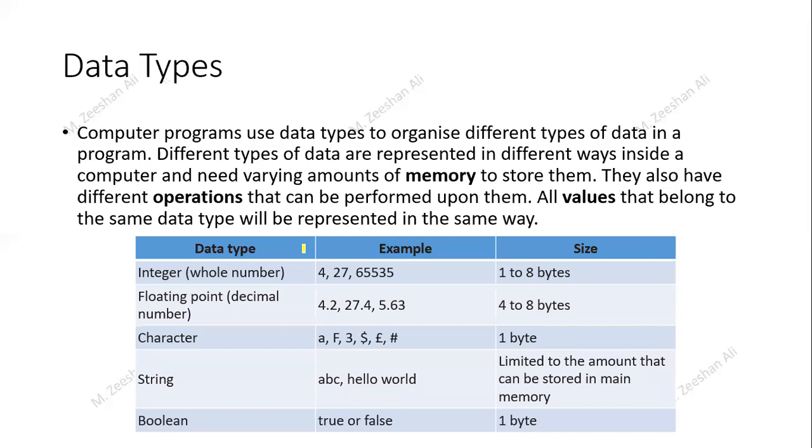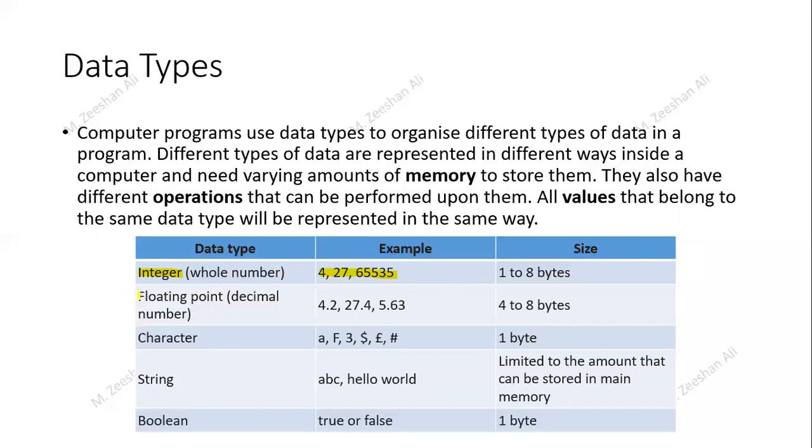Let's move further to the different data types that we can store. So mainly there are 5 different data types that we are going to discuss, and these 5 data types are included in your O-level syllabus. Okay, so the very first data type is integer. Integer holds whole numbers.